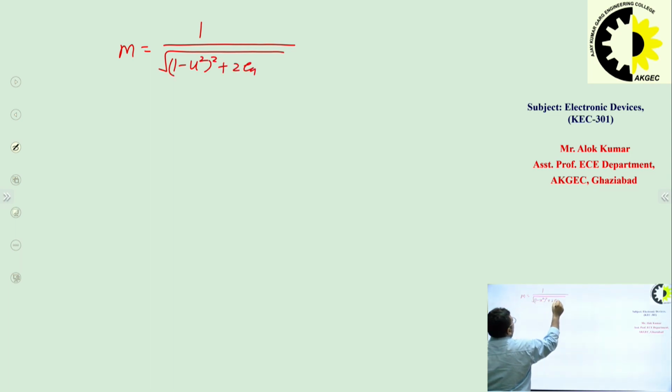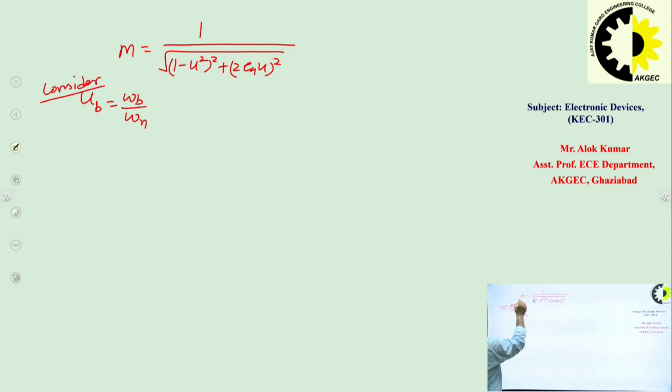So we know the magnitude is 1 upon under root of (1 minus u square) whole square plus (2 zeta u) whole square, right? Here we can consider ub equal to omega b upon omega n.